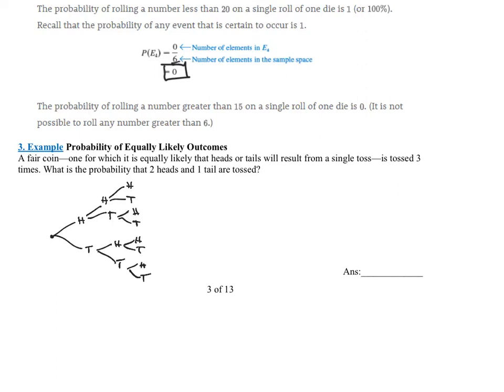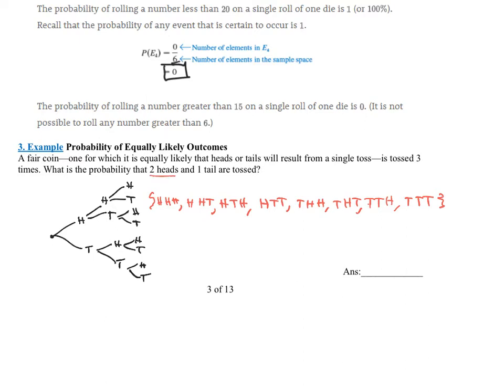It looks like I have heads, heads, heads; heads, heads, tails; heads, tails, heads; heads, tails, tails; tails, heads, heads; tails, heads, tails; tails, tails, heads; and tails, tails, tails. Those were my 8 total possibilities for flipping a coin 3 times.